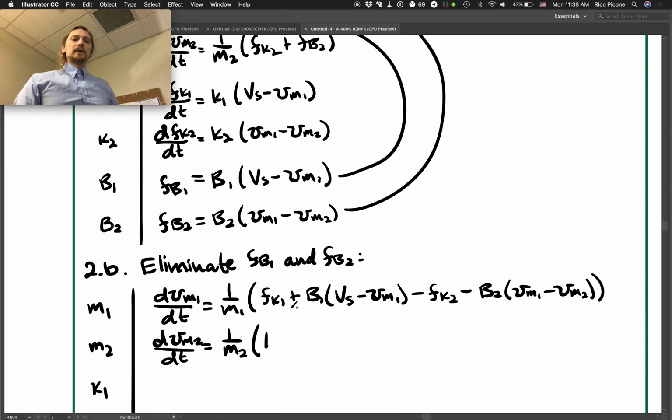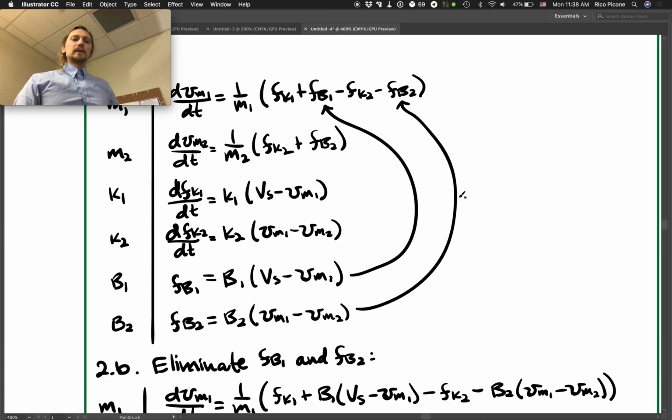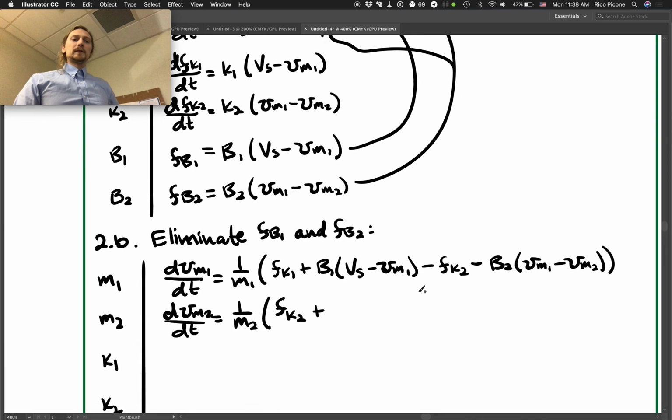So for Fb2, we can use this equation again and substitute it in there, which gives us B2 times Vm1 minus Vm2. Great. So these are all state variables.